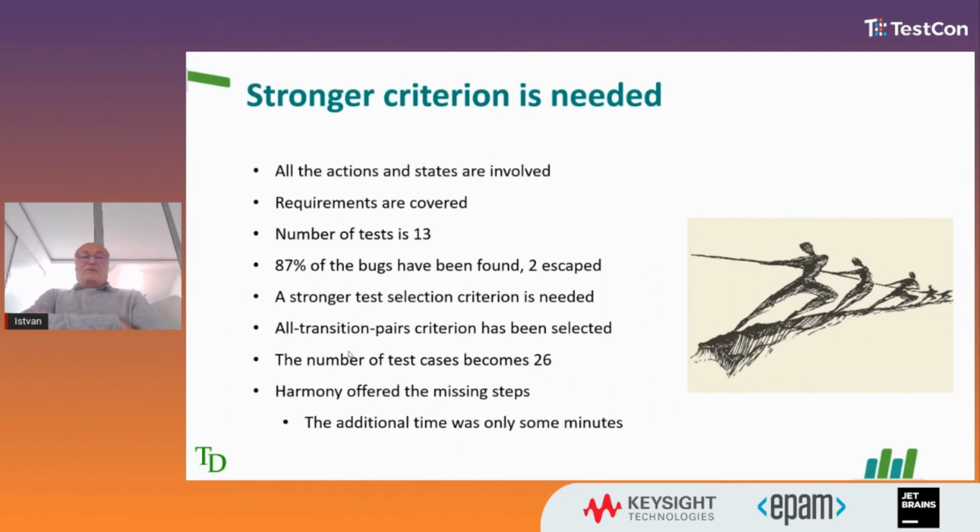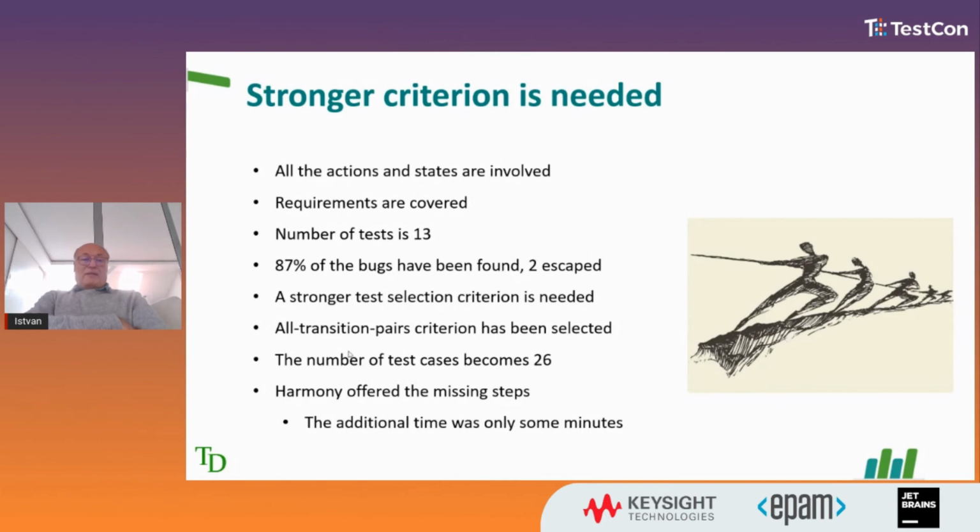I added all the actions and states, and I also covered all the requirements, and in this case the number of test cases is 13. And I found 87% of the bugs, so only 2 bugs escaped.